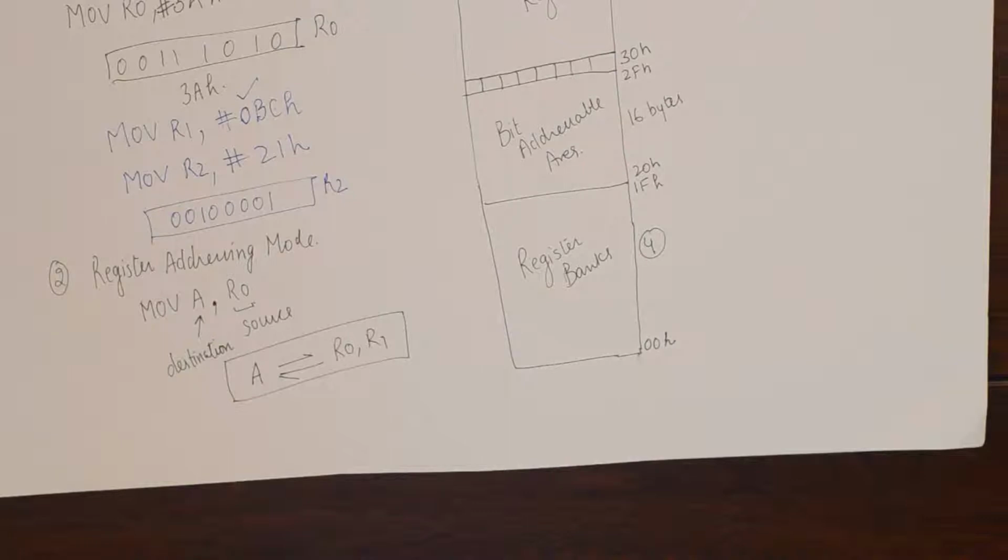They only occur between A and the registers of the selected register bank. Whatever register bank is selected, all its registers R0 to R7 can move their data to and fro to A. So that was a very important point. Otherwise, this is the easiest one to understand.